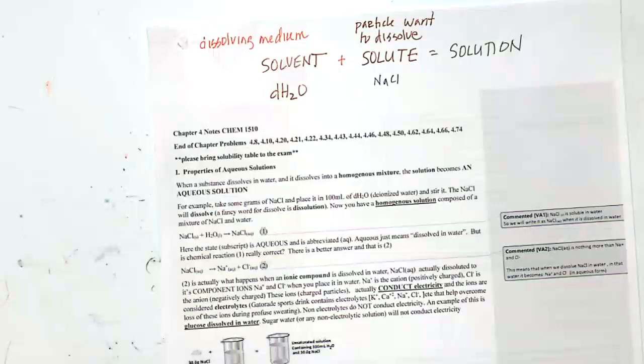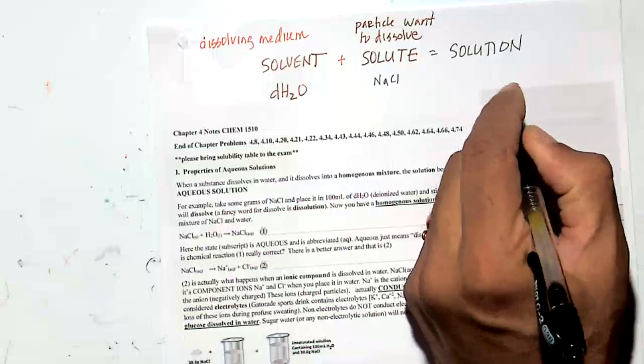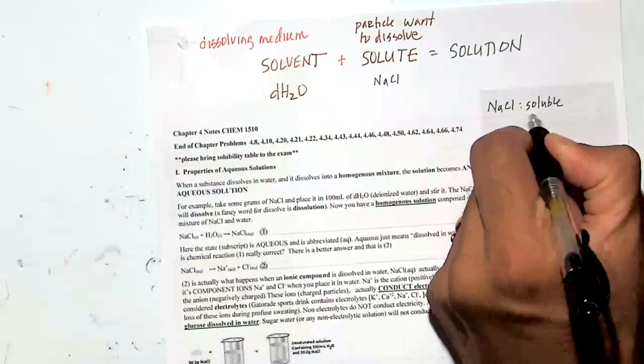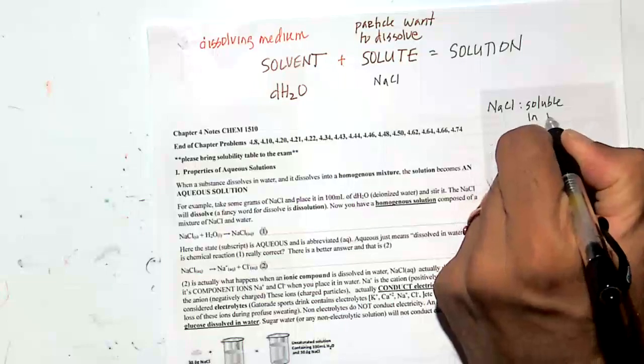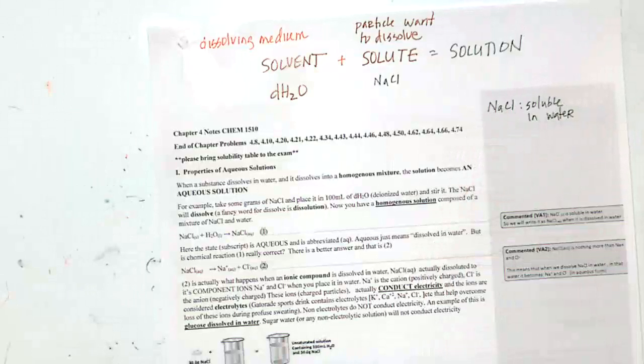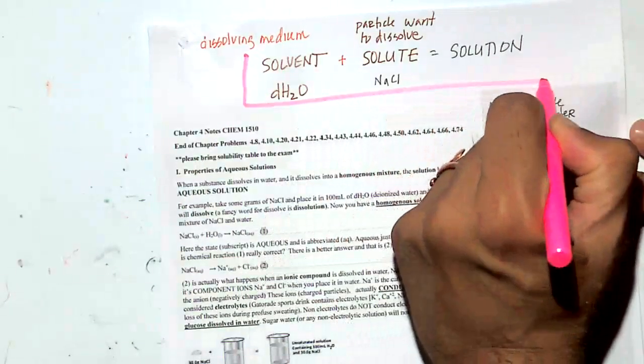It dissolves in water, so we say sodium chloride is soluble. If it didn't dissolve, it would be called insoluble. But sodium chloride is soluble. So we have solvent plus solute is equal to solution.